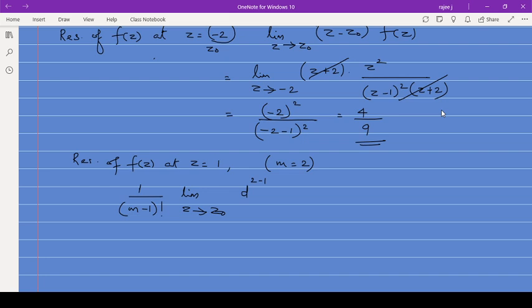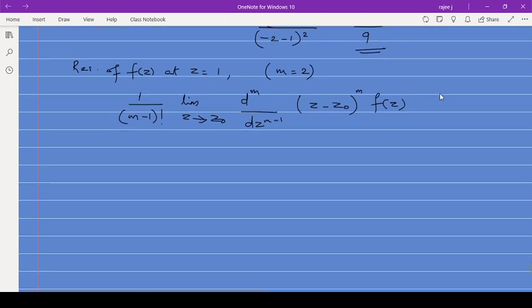You need not write this 2 minus 1. Okay, just for your information I am writing here this 2 minus 1 upon dz raised to 2 minus 1. Then here z minus z0 raised to m, so here I will write that m only, into f of z. Okay, so now this is equal to, just put the values.